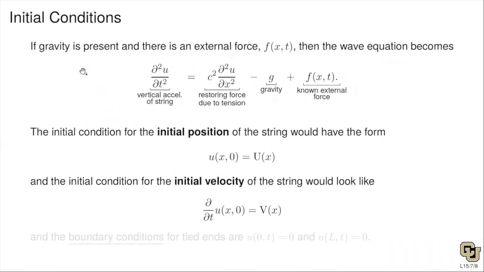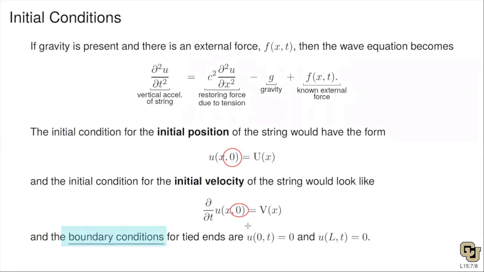So here, the partial of u with respect to t at t equal to 0. So please keep in mind, here we're replacing the t variables. And then we have our boundary conditions where we're replacing the x variables. With the boundary conditions, we say the ends are tied.